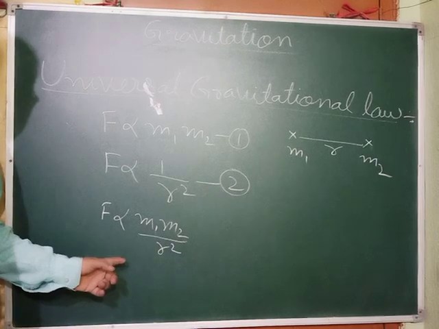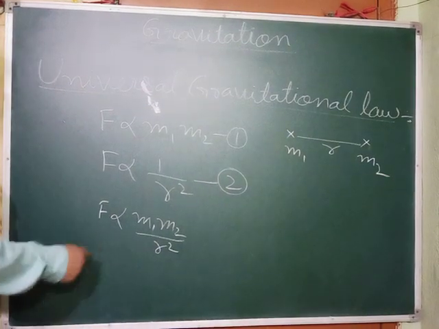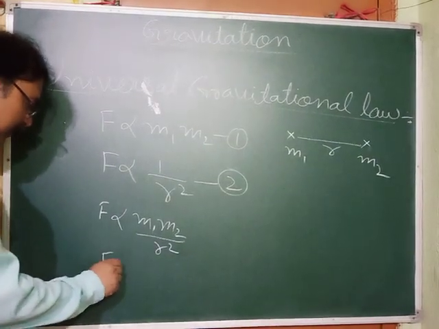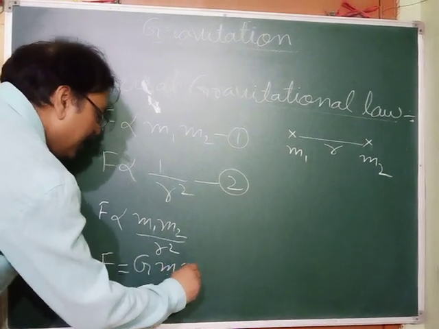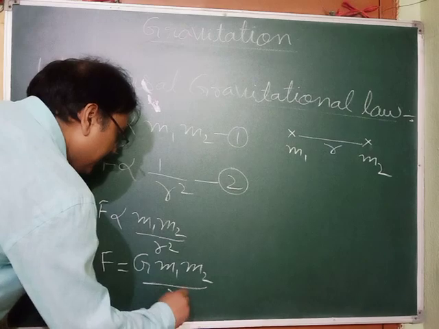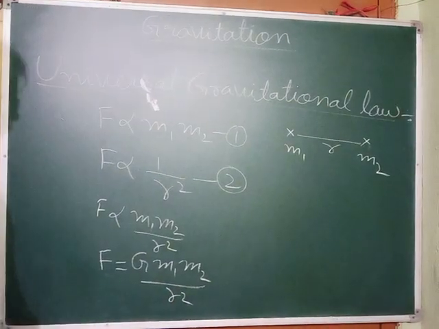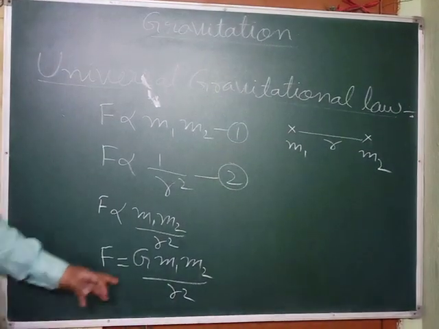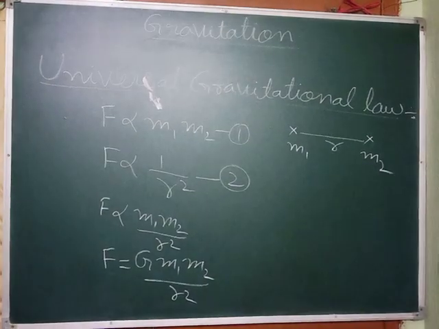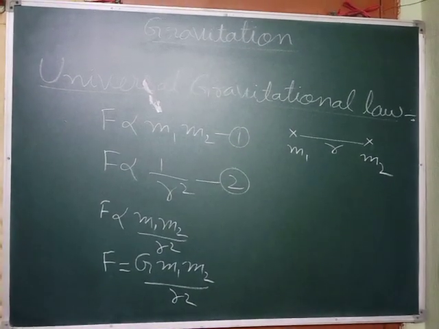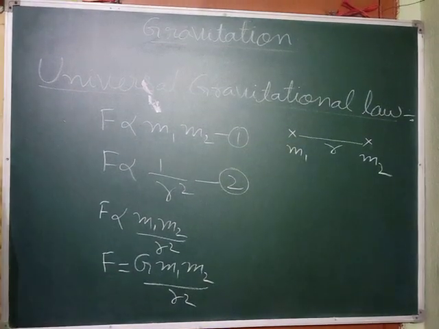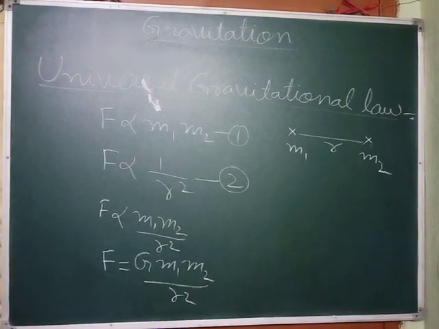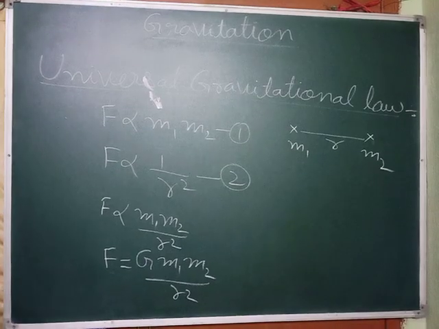For that we require a constant. Here also the story is the same. F is equal to capital G m1 m2 upon r square. Now what is capital G? Capital G is known as the universal gravitational constant. Note it down.